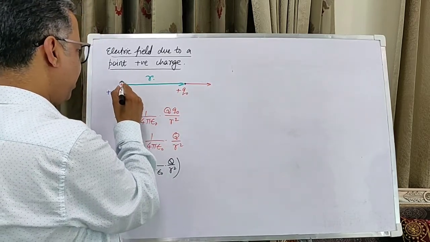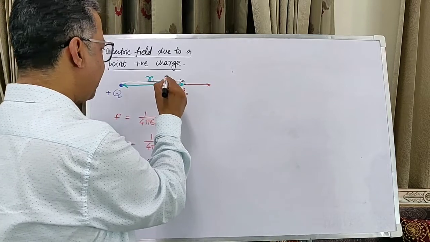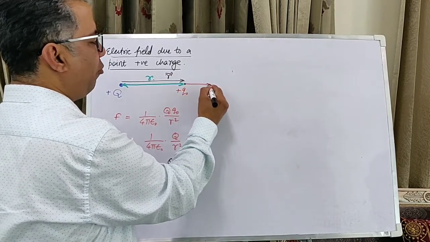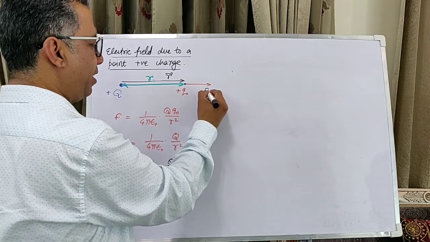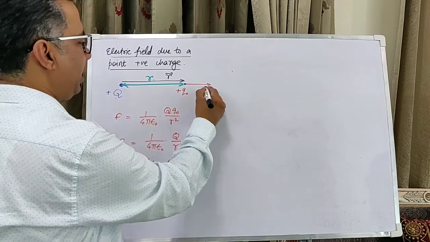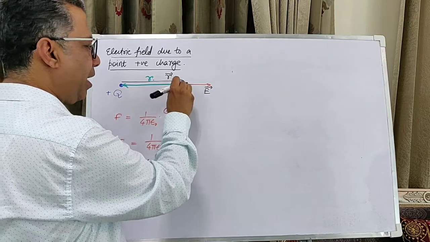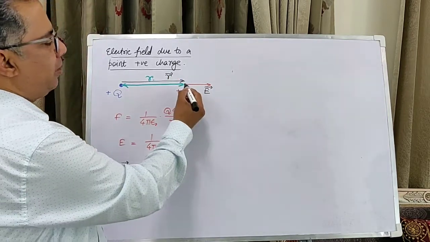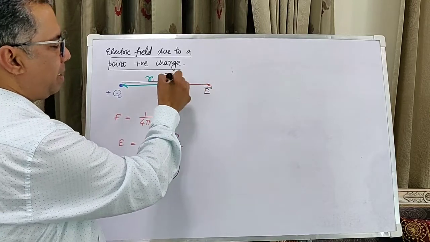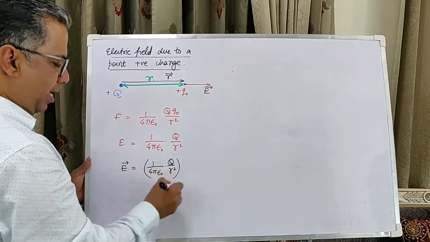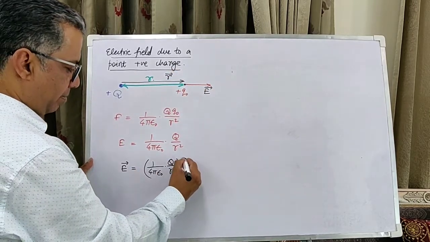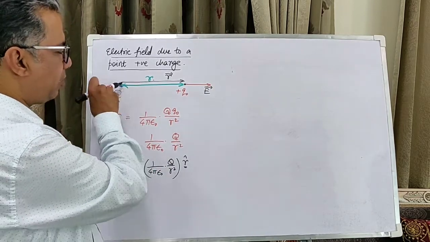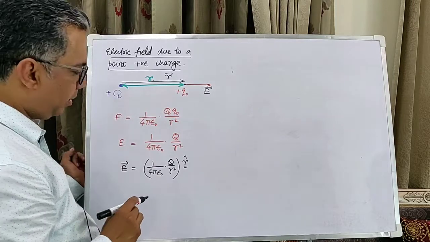Now if I take this vector as vector R, then this electric field intensity E is directed along R for a positive point charge. So the direction of E is the same as direction of R, and to indicate that I can multiply this with a unit vector r cap along the direction of vector r.